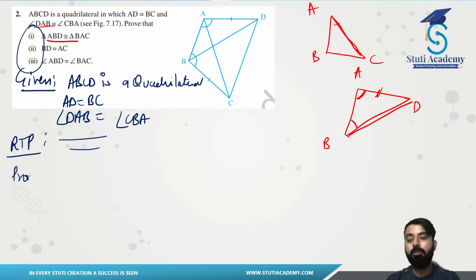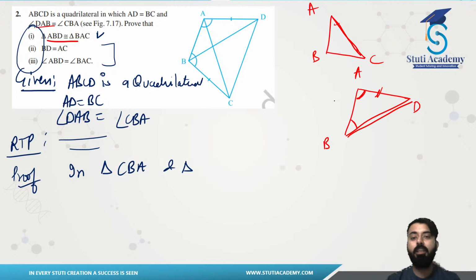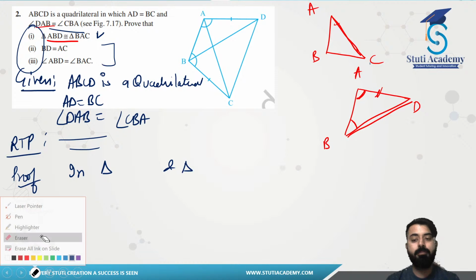Now let's come to the proof. For this, we just have to prove these two triangles congruent, and remaining two portions can be easily proven equal. So for this, I'm going to take two triangles, triangle CBA and triangle DAB. A and B are opposite, C and D are opposite. So that will be the case, or you can just take their names as they are given. You can write them like this also, BAC and ABD.